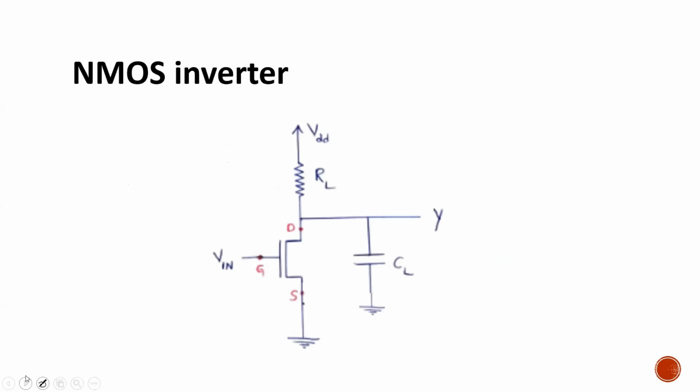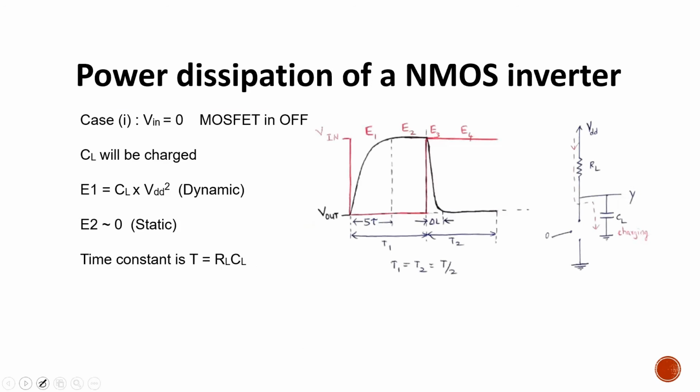Now, let me speak about the NMOS inverter, guys. This is the NMOS inverter circuit. Now, let's see here. Whenever Vn, this Vn in red color, guys, is 0, that means the input is 0, the output will be logic 1.